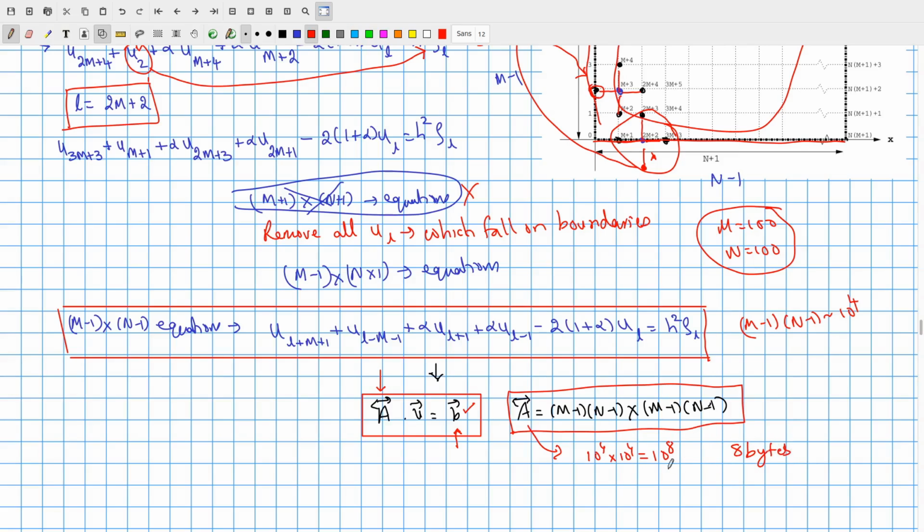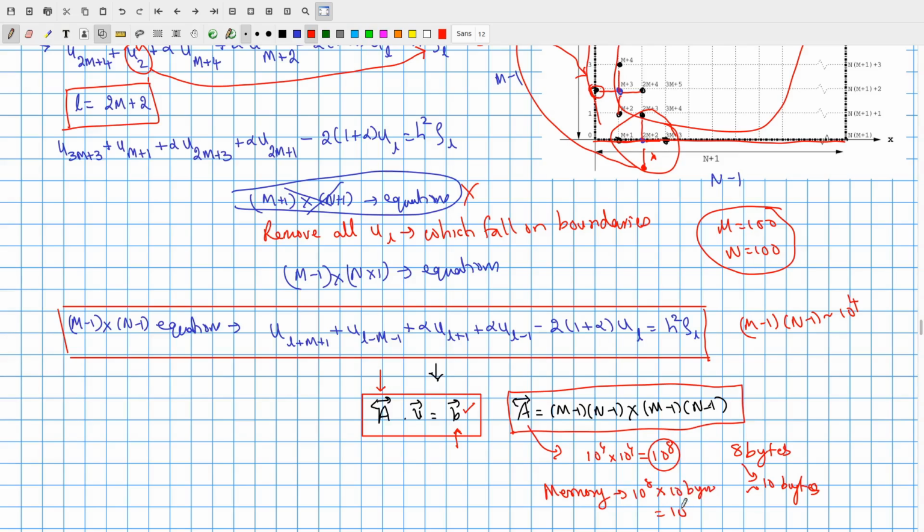If it takes 8 bytes of memory, I can approximate it as 10 bytes. So to store these 10 to the power of 8 matrix elements, the memory requirement will be 10 to the power of 8 into 10 bytes.